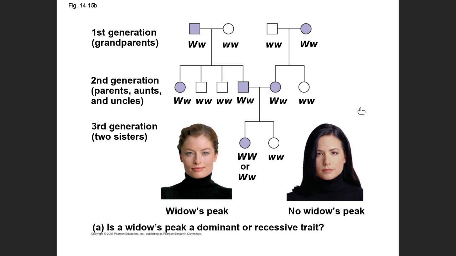So you can look at the pedigree, and the people who have the widow's peak are shaded, and the ones without it are white or clear. And then that can help you to determine if the trait is dominant or recessive.